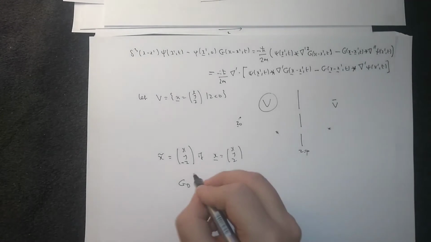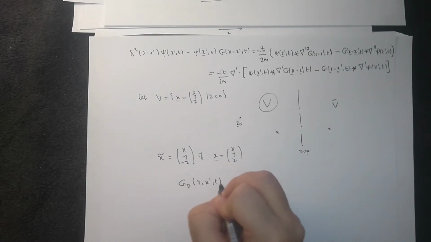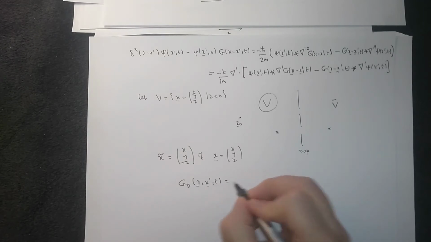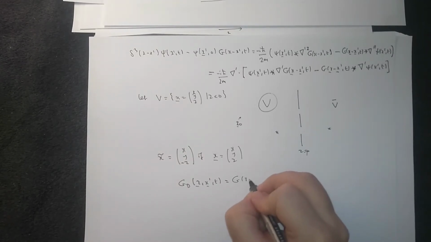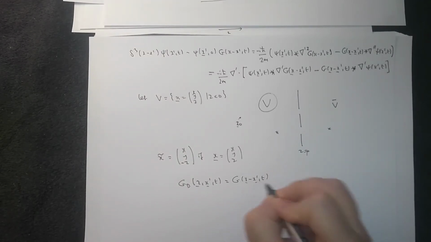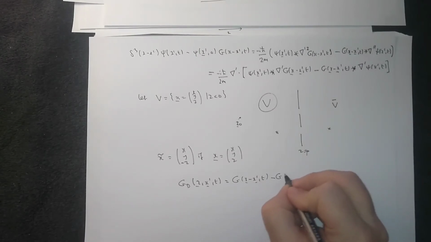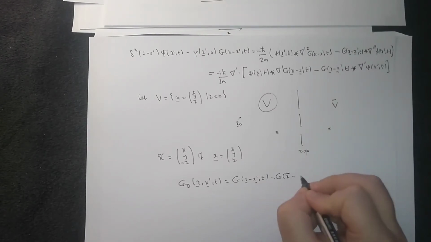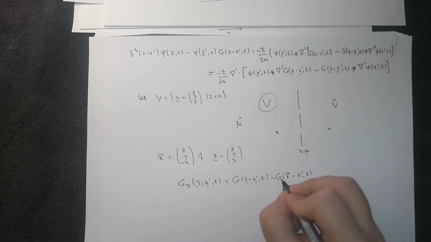Let the Dirichlet-Green's function g_D be g of x minus x prime times t minus g of x tilde minus x prime. There's no D on there.